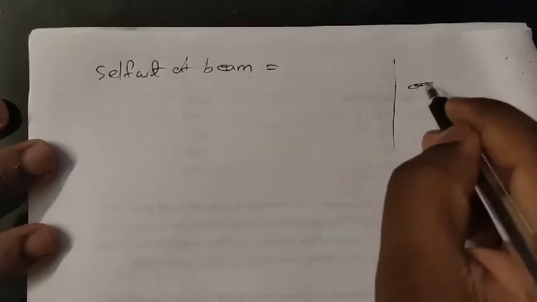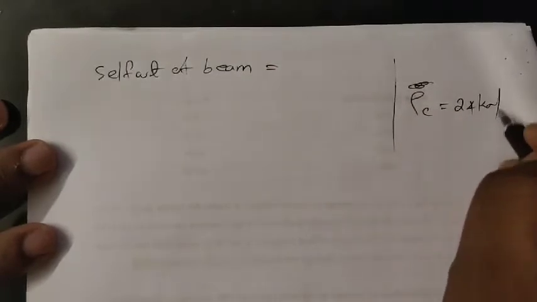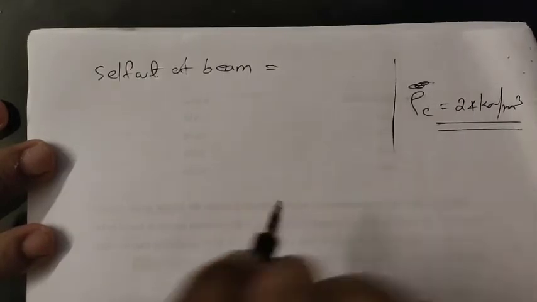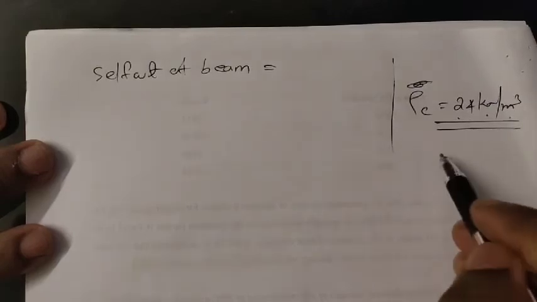The next thing is we want to calculate the self weight of the beam. So we know that the density of concrete is 24 kilonewton per meter cubed. That is 24 kilonewton in 1 m3.